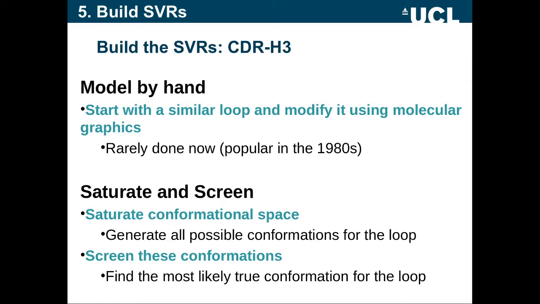The other approach can be described as saturate and screen. In other words, we try to saturate conformational space. We try to look at all the possible conformations for the loop, and then we screen those in some way in order to find the most likely true conformation.